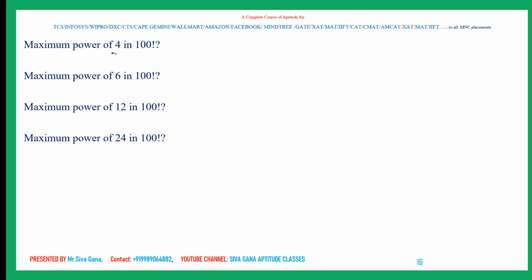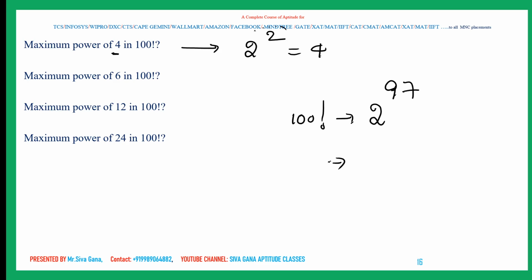We will see. 4, right? Now how to write the maximum power of 4? 4 is nothing but 2 square. Now in 100 factorial, what is the maximum power of 2? Previously we have seen 2 power 97. But we need the 2 square form.